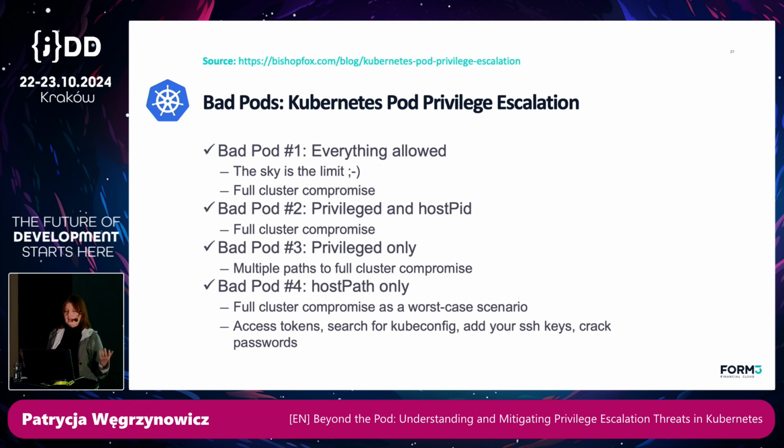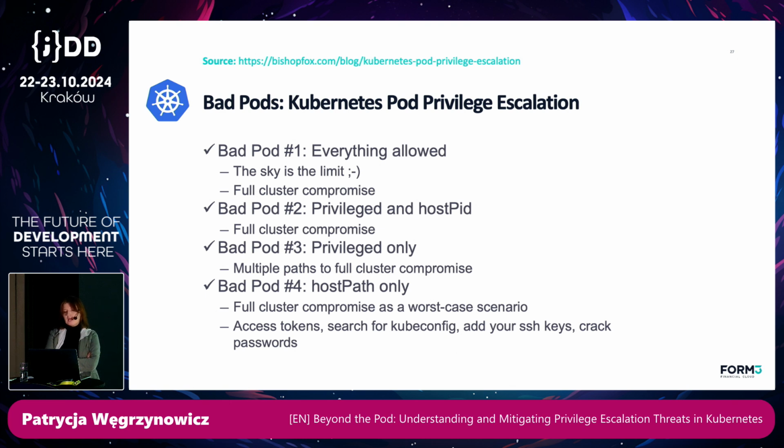If everything is allowed, then basically the sky is the limit and full cluster compromise is a given and very simple one. When it comes to privileged and host PID, you've just seen that full cluster compromise is still possible with escape to a node. With privileged only, we can still escape to node, and it means basically full cluster compromise.